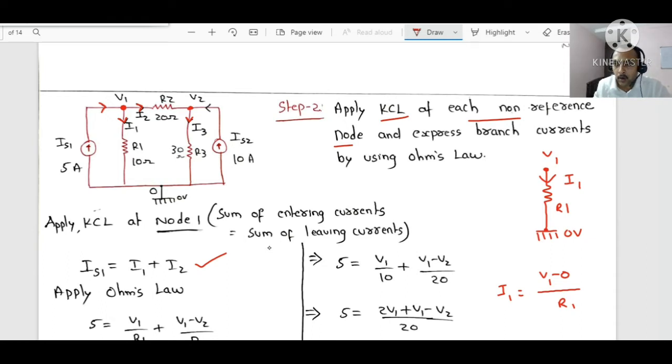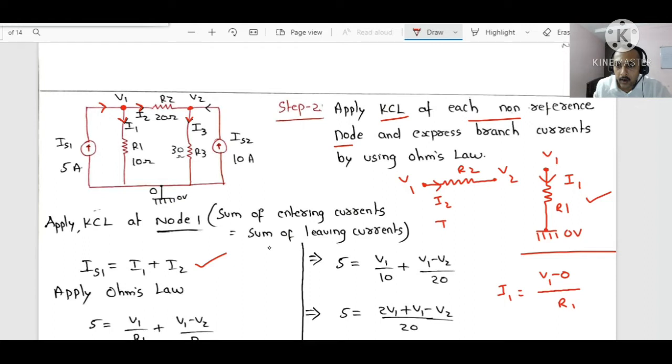But instead of writing 0 every time, people will directly write V1 by R1. That is the meaning. Very important, dear students. If you understand this basic, so many confusions will be erased in your mind. Now tell me, here you have a resistor R2, at this point the voltage is V1, at this point the voltage is V2, and I want to find the current I2. I2 direction is from V1 to V2. Clear?